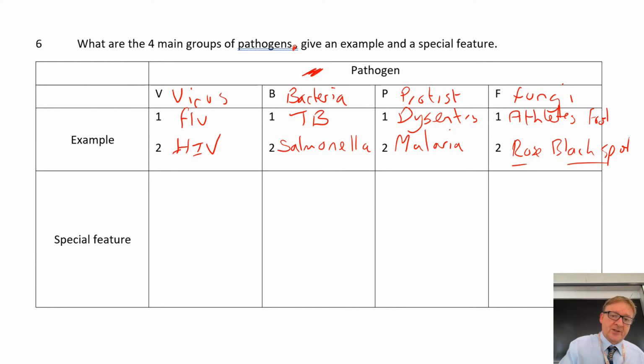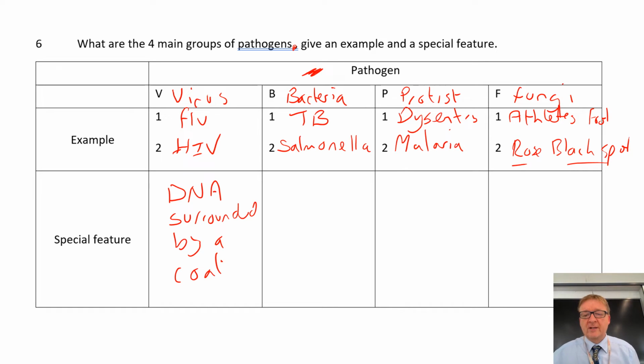Now, special features. A virus is very simple and very small, and what it is, is DNA surrounded by a coat, right? It's not like a coat you might wear, it's almost just like a membrane around the outside of it. Sometimes they look really weird, almost alien-like.